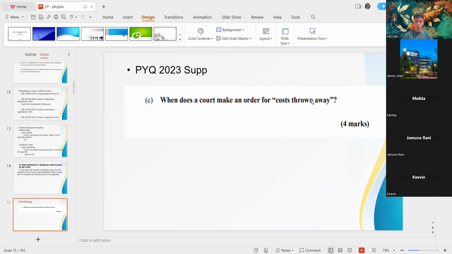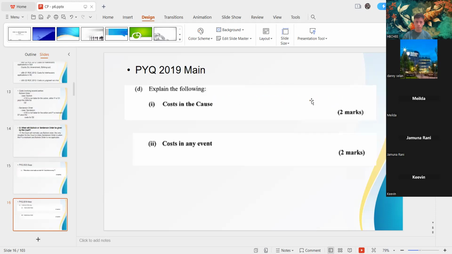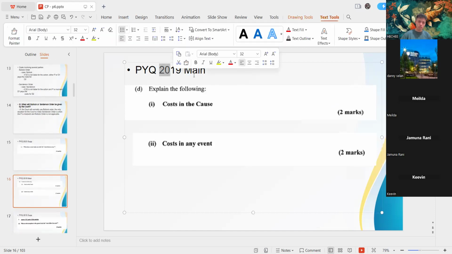You can answer this question. The question is already answered. And this one is on the 2019 main paper. Cost in the cause, you can also find in Order 59.1. And cost in any event, you can also find in 59.1.